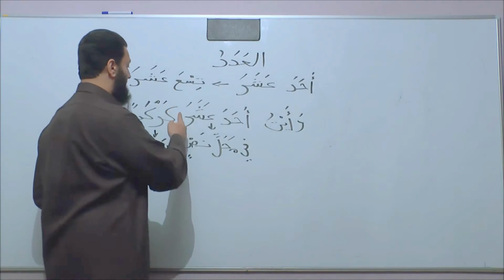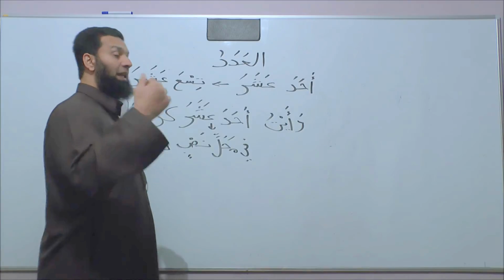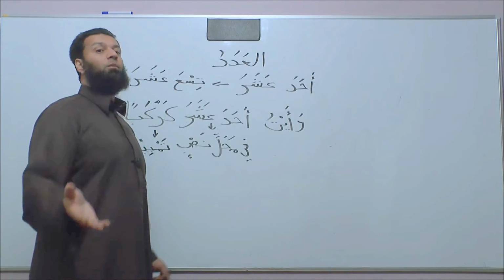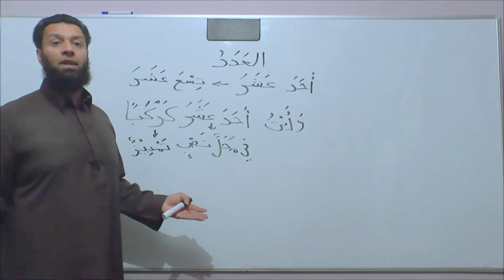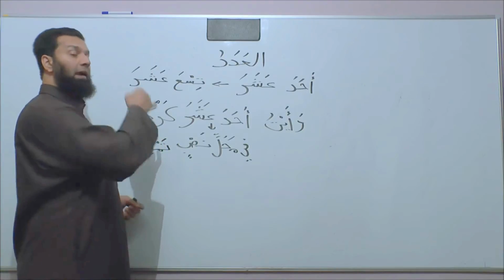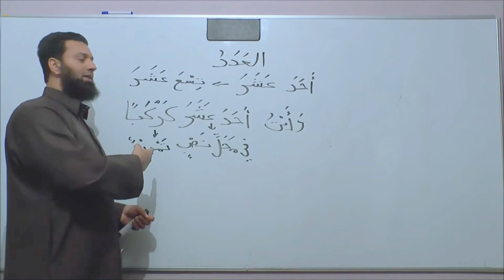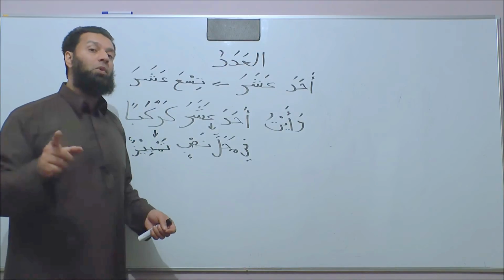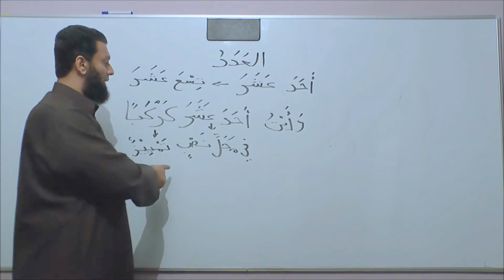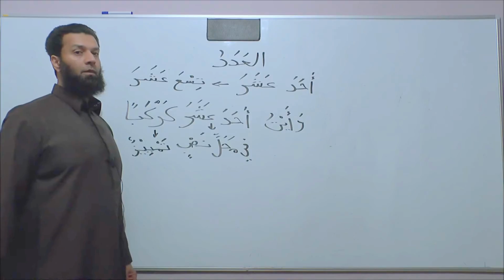Because if we stop at this point and say رأيت أحد عشر, I saw 11, what would you ask next? 11 what? That would be the next logical question. So when we say كوكبا, stars, even though it's singular, what we're doing is specifying, tamyizun, of what the 11 relates to.